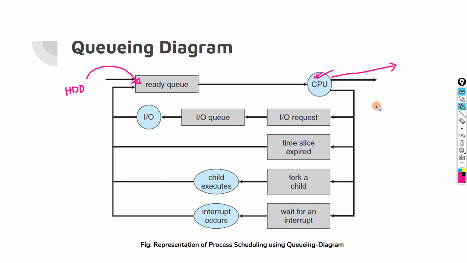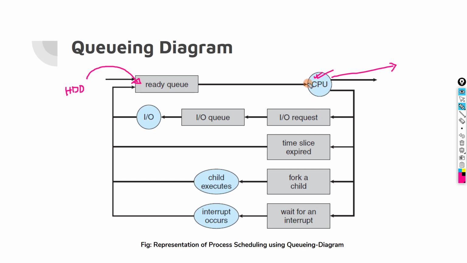But the process in its execution time may require many things, many resources, or the process itself may be interrupted. So what can happen when the process is executing in the CPU? One thing that can happen is that the process requests an input-output device.